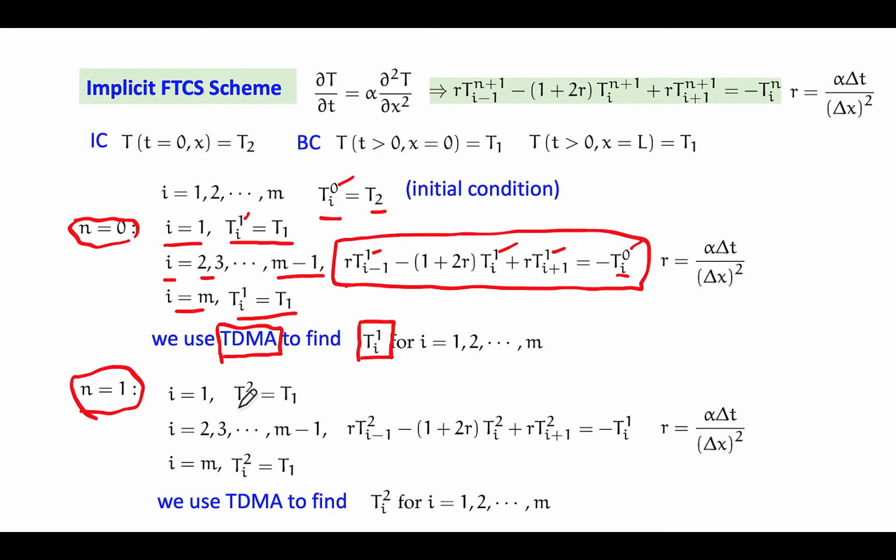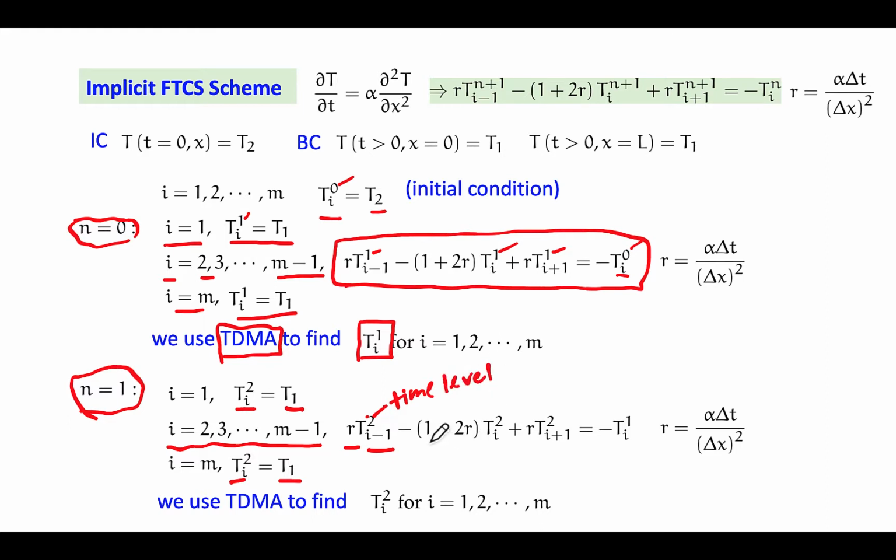And at time level 2, my boundary conditions remain still at T1. But at the inside, I have the same equation. This is r Ti minus 1. This is time level 2. This is not square. Please don't get confused, these are not square. These are only time level 2.